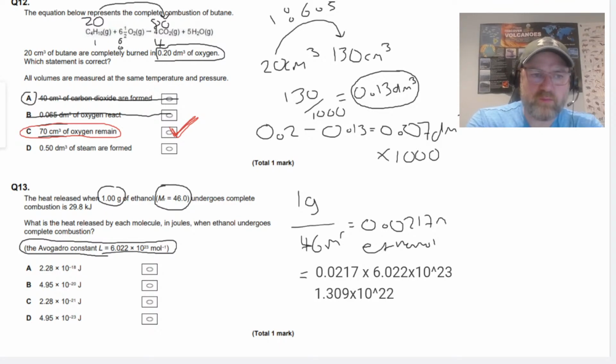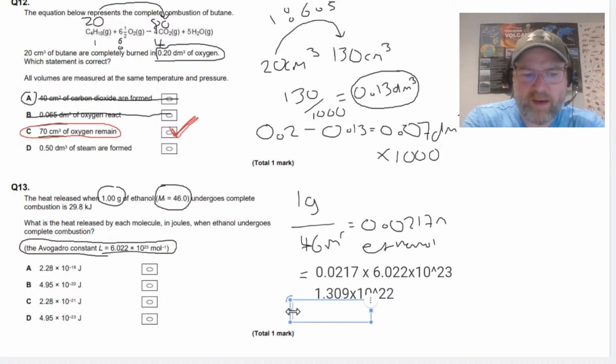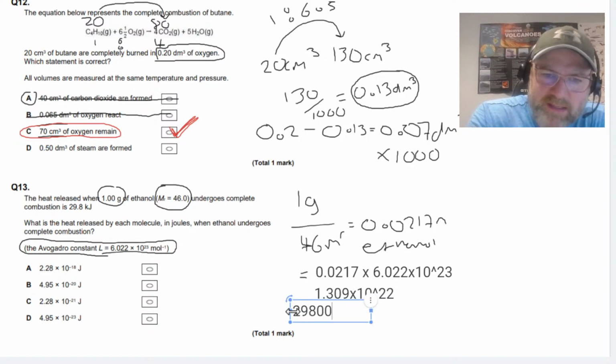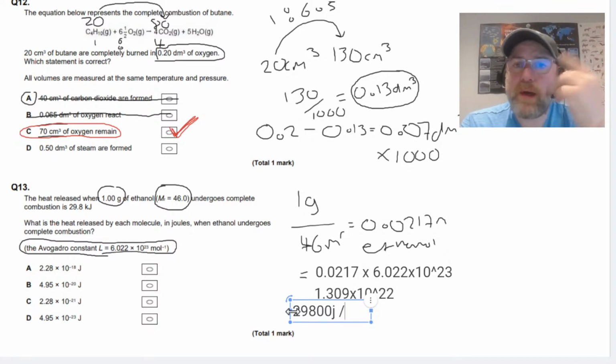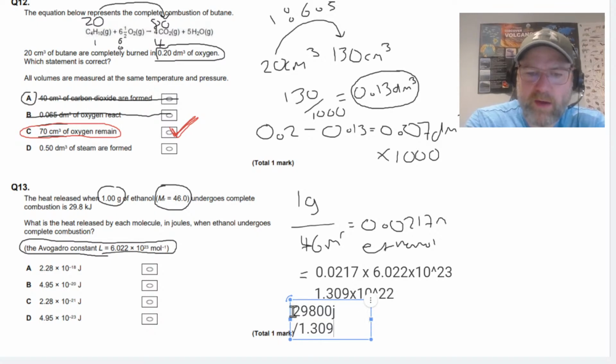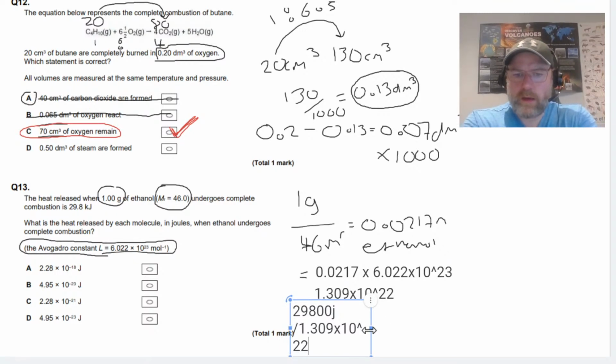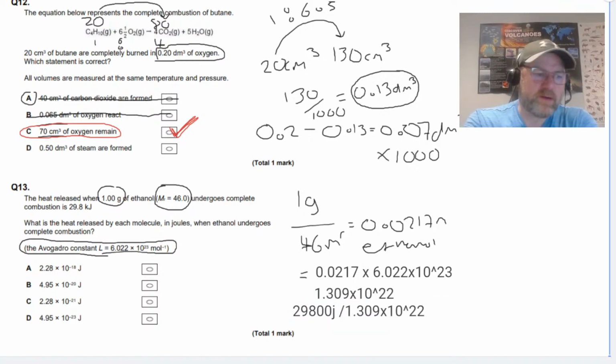So we want 29,800 joules, and we're going to divide that by 1.309 times 10 to the 22, which is the number of particles we actually have in 1 gram. That is going to tell us our answer. 29,800, which is the energy in joules, divided by the number of particles in play, gives 2.2765 times 10 to the minus 18.